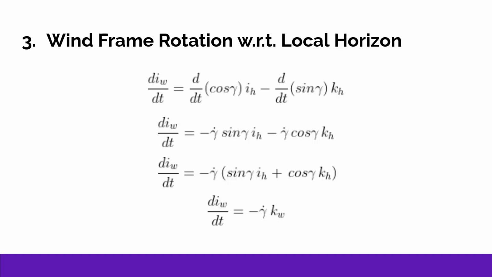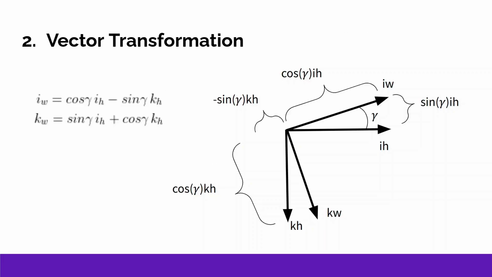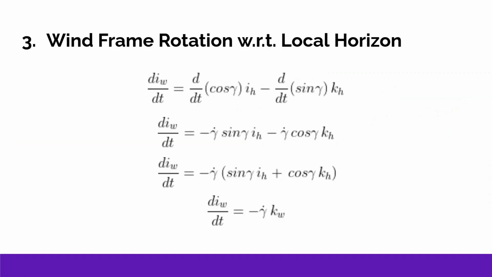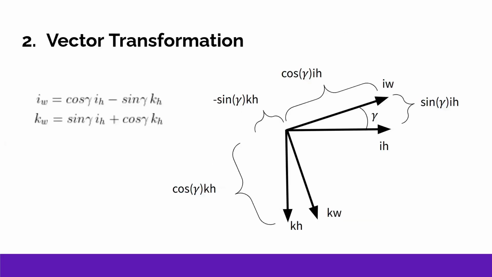So all you need to do is go back to these equations on the left where we have IW and KW, and take the time derivative of these equations. When you take the derivative of the first line, you're going to get the second line. All you need to do is factor out minus gamma dot, and you will see that what you have in parentheses is exactly equal to KW, and this is what we found here.